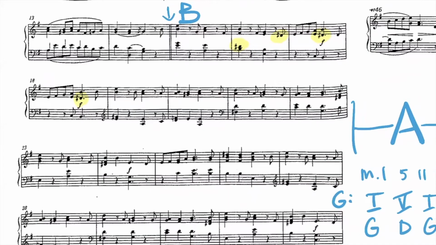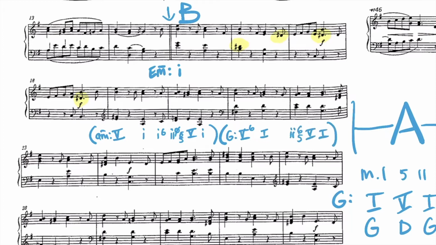Here's our B section. We begin in the key of E minor. In measures 19 and 20, however, I hear a tonicization of A minor. Then I hear a tonicization of G major. But then we're right back into E minor.